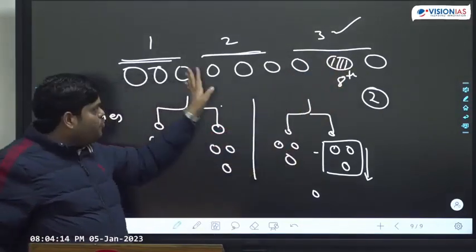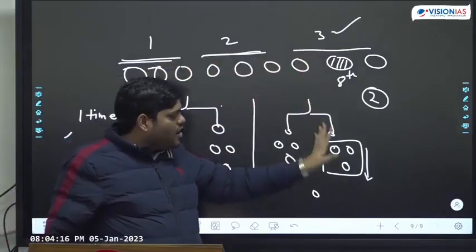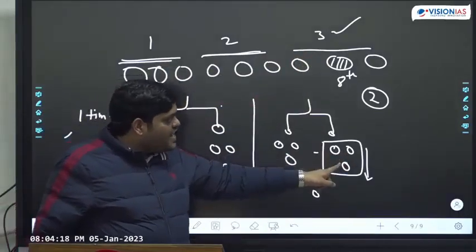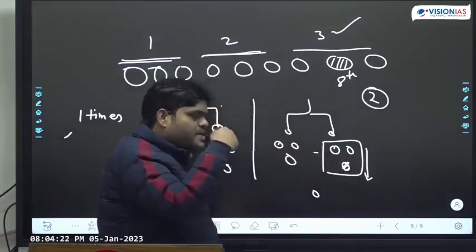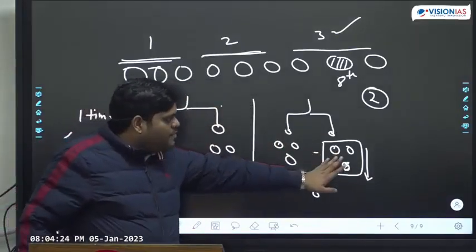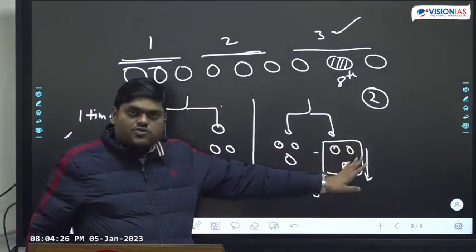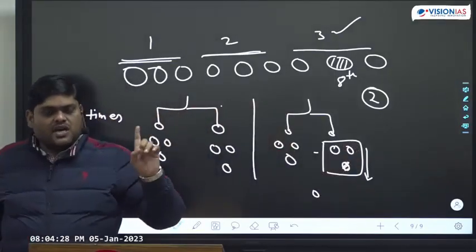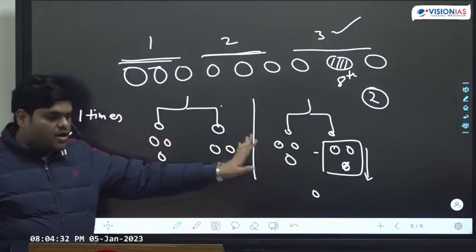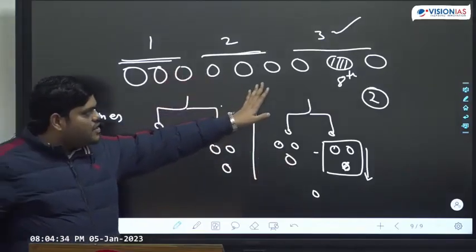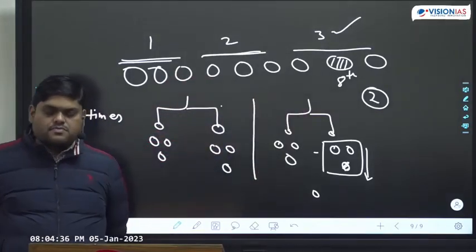If we take one of these lots and the third lot, where the heavier ball is, that side will be down. So by using 1 time, we are able to identify which lot has the heavier ball: either first lot, second lot, or third lot.